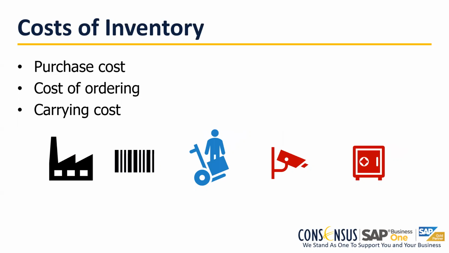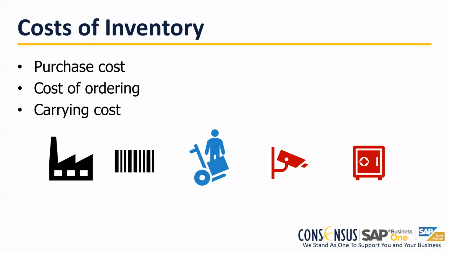One cost that is really significant that most of the companies are not taking into account is the carrying cost of items. So carrying the physical space, handling, so scanning, putting away, bringing the items down to the shipping area, the personnel that is manipulating the items, security, insurance costs.